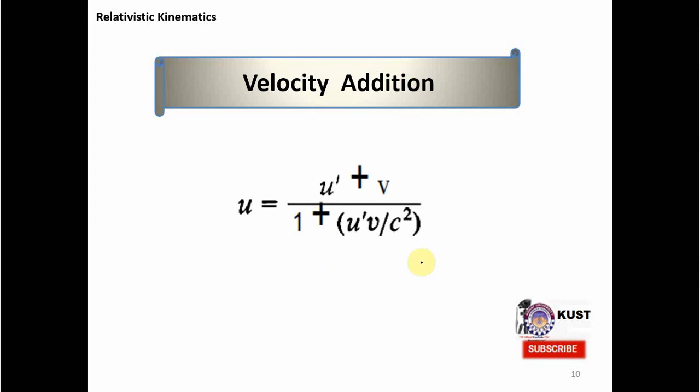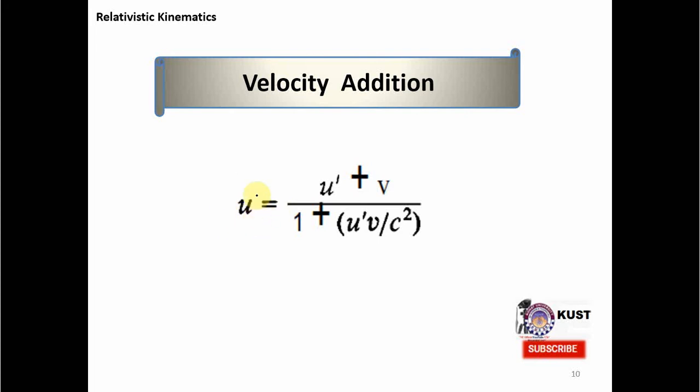Another one is the velocity addition. In Galilean transformation, it was possible to add velocities simply, and this was one of the contradictions with the physical reality that invoked Lorentz transformation or special theory of relativity. And now in Lorentz transformation, you see the velocity of the object.